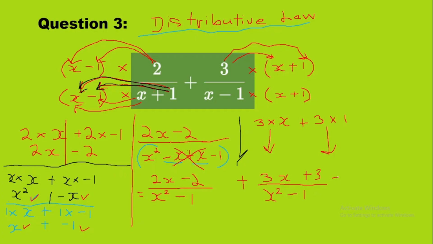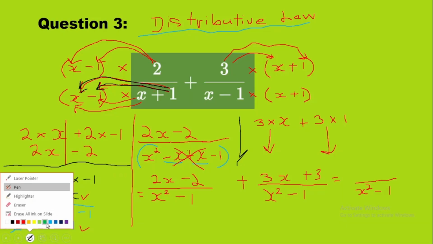And since we have the same denominator, x squared minus 1, we can put all the like terms together and just add them.